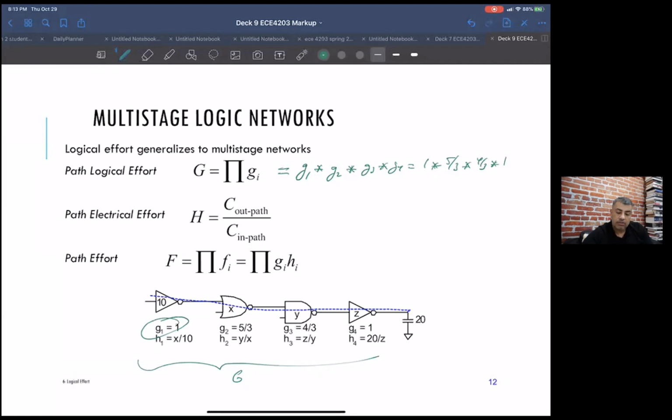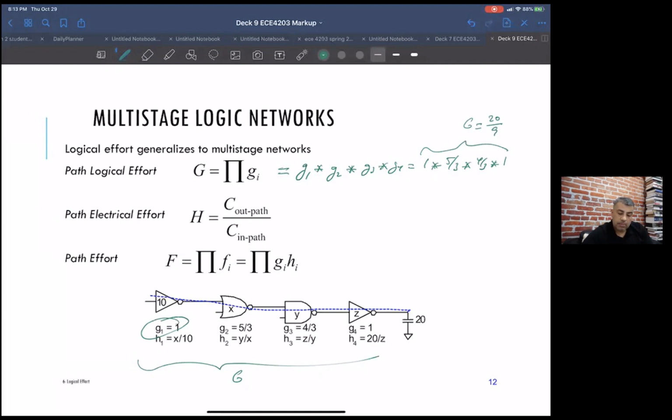So this ends up being, I don't know what that is, 20/9, for this whole multi-stage network.